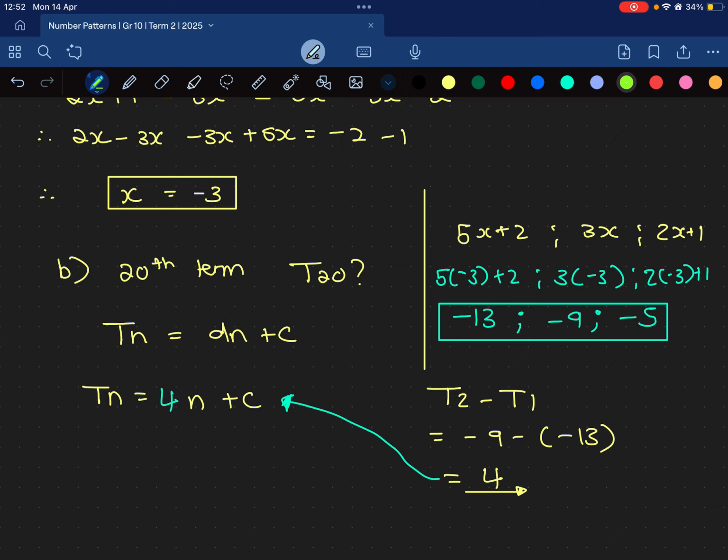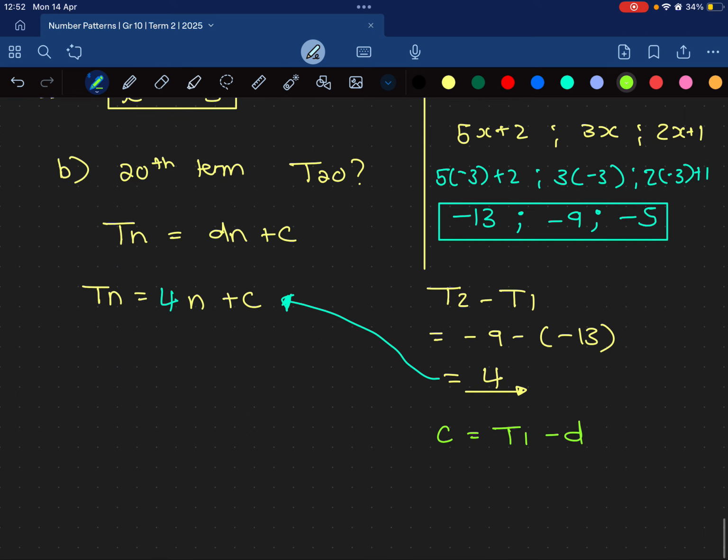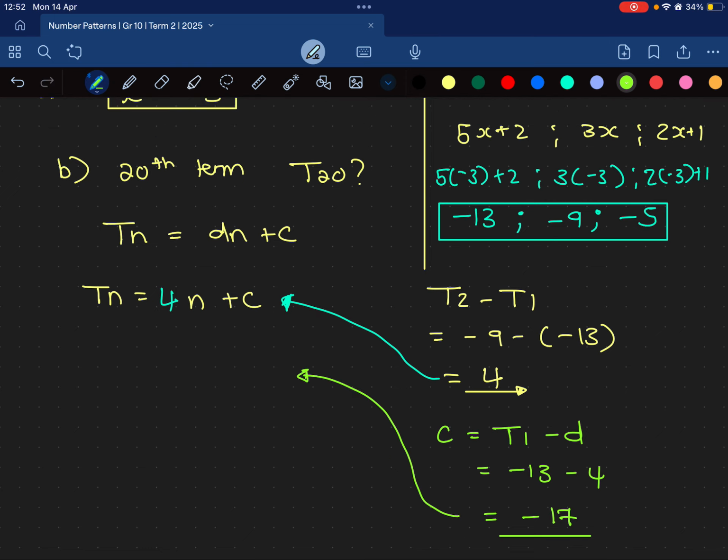Now in order to find c, c is equal to t1 minus d. I already know the first term is minus 13, and the difference is 4, so minus 13 minus 4 is minus 17. So Tn is equal to 4n minus 17.